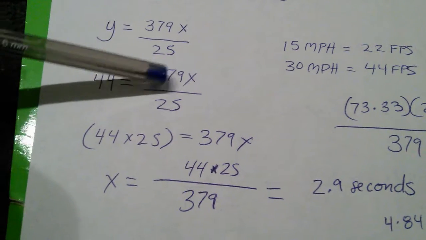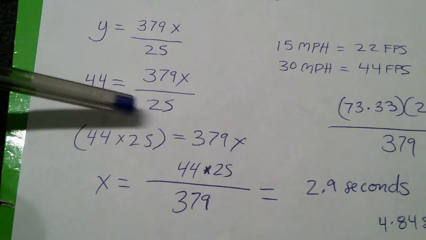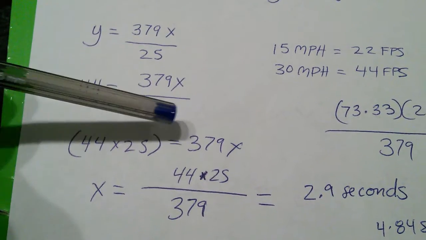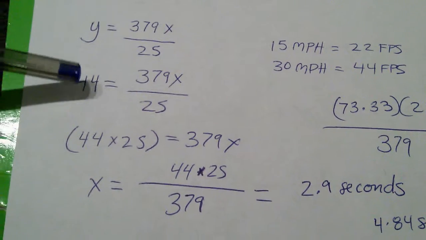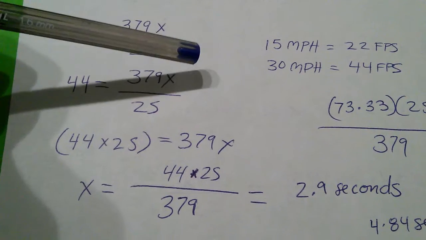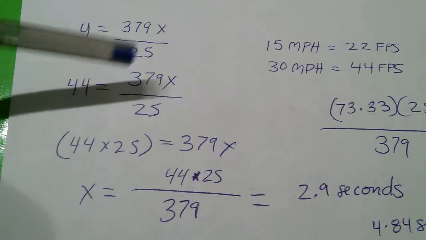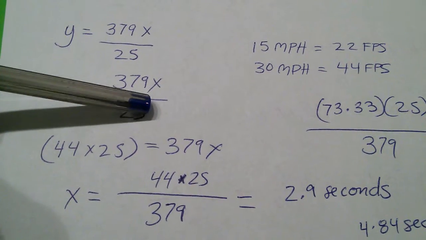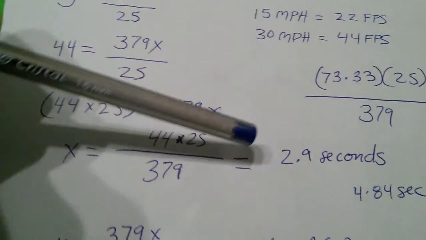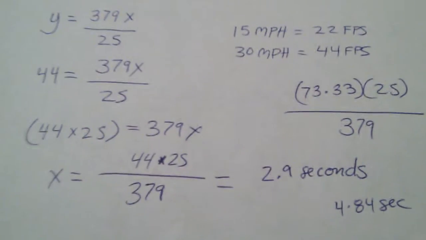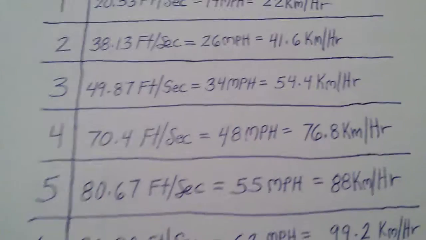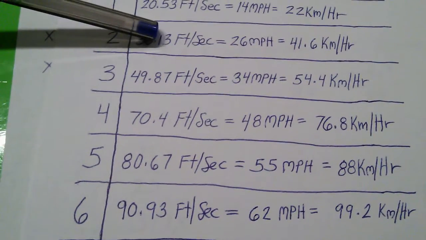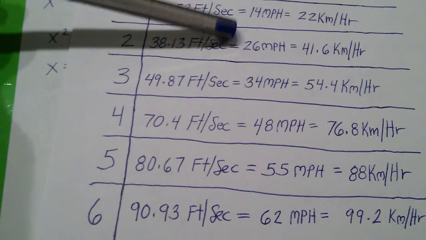This is the velocity equation. You equate this first derivative equation to the speed you want in order to find the exact time. It boils down to 44 times 25 is equal to 379x. When we divide it out, at exactly 2.9 seconds you're reaching a speed of 30 miles per hour.